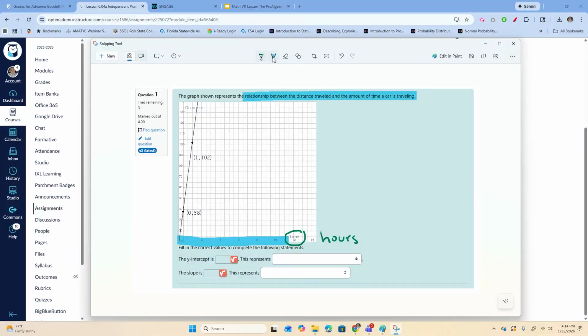If you look at the y-axis, this right here, that is about the distance. So these numbers you see on the y-axis are measuring the distance. And basically, what this graph is saying is that the more time a car spends traveling, the more distance it goes.